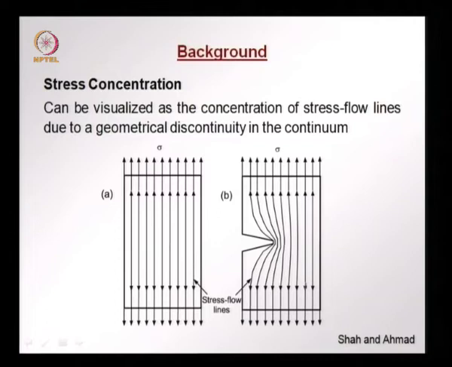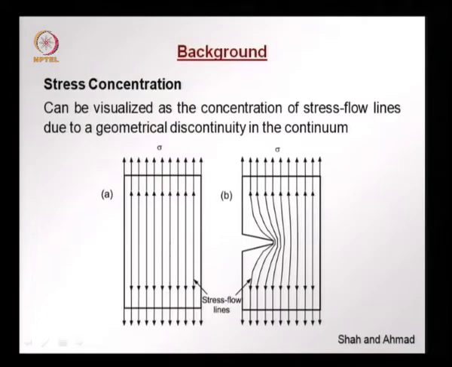Now, let us try to visualize how stress concentration is induced, and for this we look at this simple diagram. On the left we have a panel subjected to a tensile load. So, these are the applied stresses sigma outside the panel. Now, imagine a channel with water flowing in it.